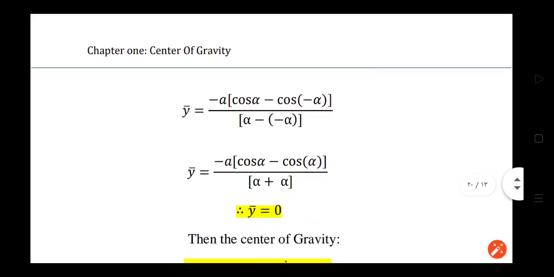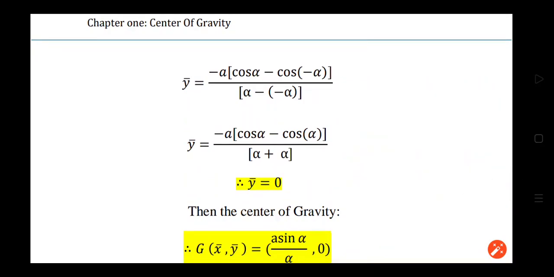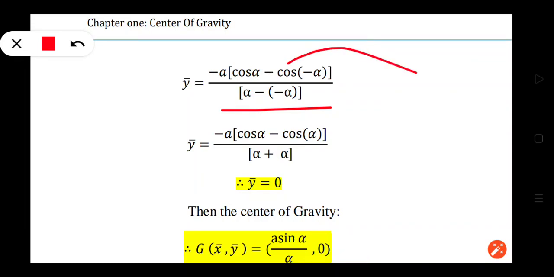Then the integration will be negative a times cosine alpha minus cosine negative alpha over alpha minus negative alpha, where cosine is an even function. So cosine negative alpha equals cosine alpha.